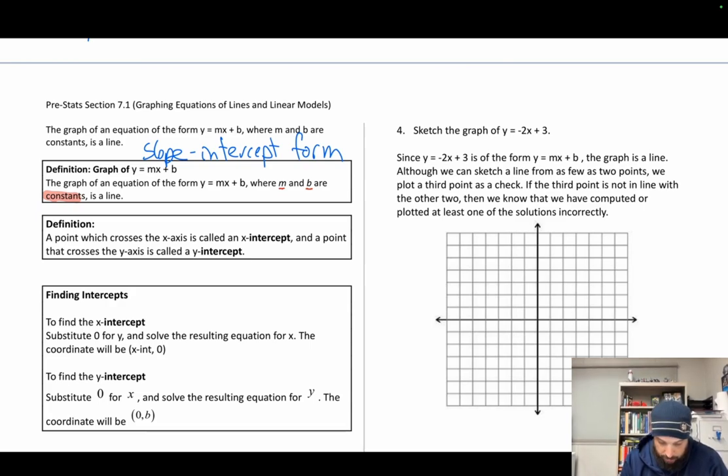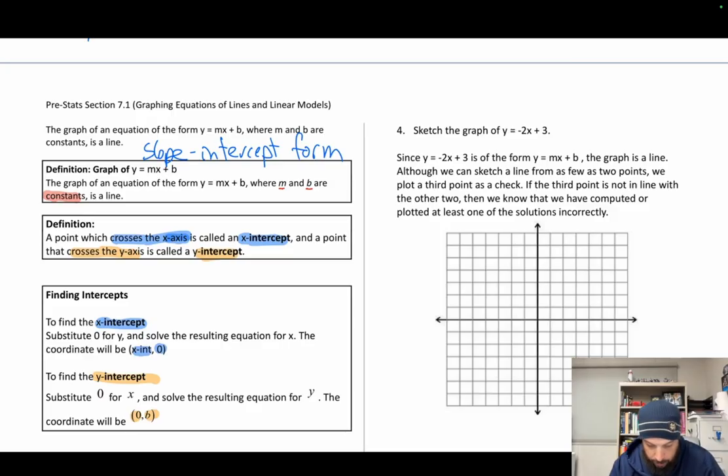And then we have our x-intercept, so it's where it crosses the x-axis. And then the point that crosses the y-axis is then our y-intercept. And always our x-intercept is going to be x-intercept comma 0, and our y-intercept is going to be 0 and then b there.